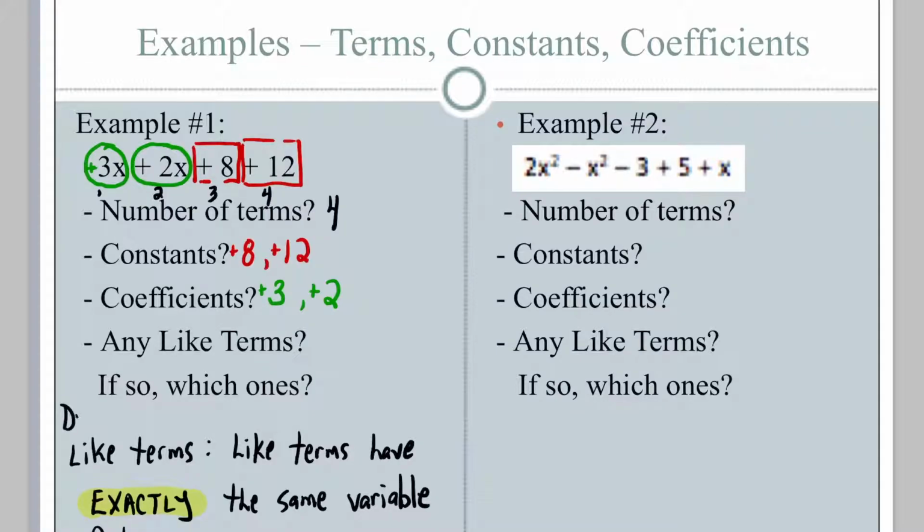That word, exactly, is very important. Okay, so that's our definition. Like terms have exactly the same variable factors.